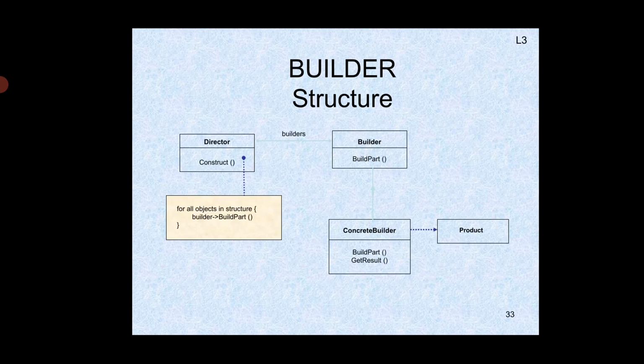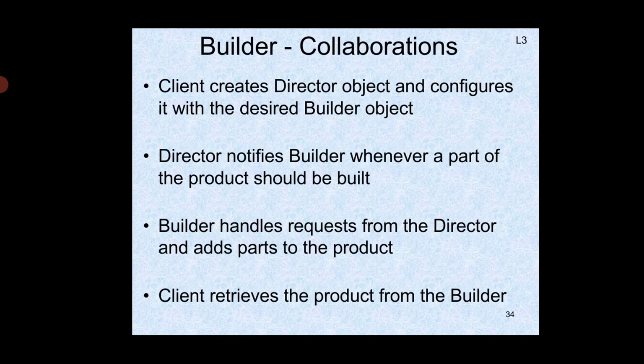The construction process must allow different representations of the objects being constructed. This is the structure, a graphical notation of the classes and objects and how they interrelate.